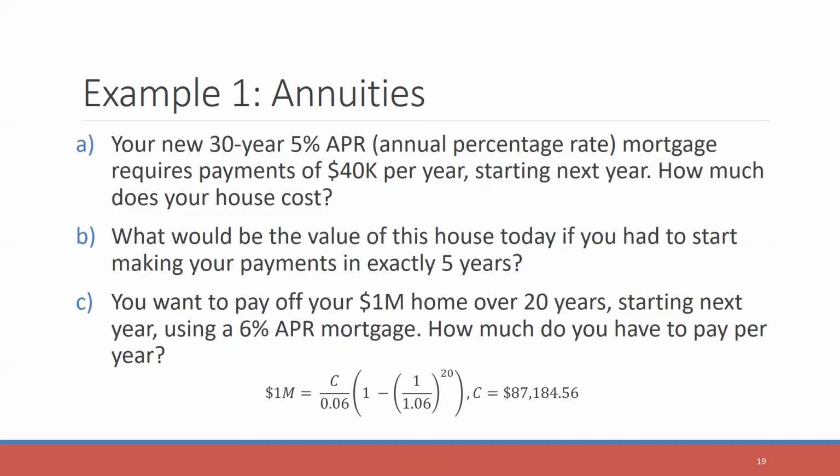Part B, what would be the value of this house today if you had to start making your payments in exactly 5 years? So in this example, one of the things that we want to remember is that our present value is always starting next year.